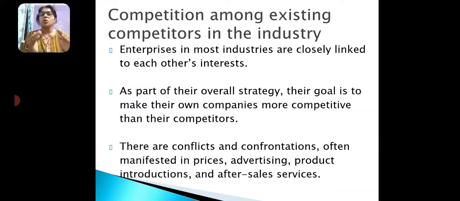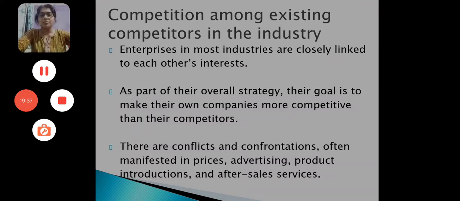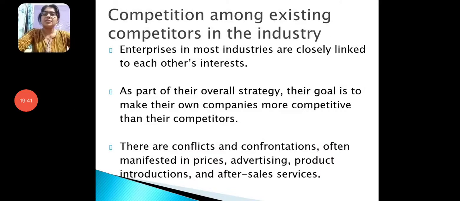If there is cutthroat competition in the industry, then you always have to watch your competitors, what exactly they are up to, and then formulate your strategy according to theirs. So that's important, the existing competitors in the industry. So these are the 5 forces that Michael Porter has come up with to check the attractiveness or competitiveness of any industry.